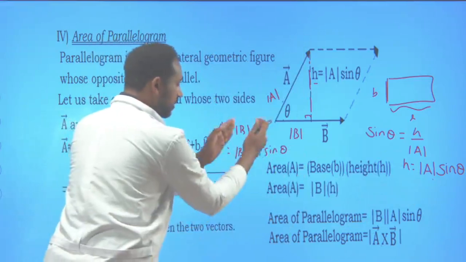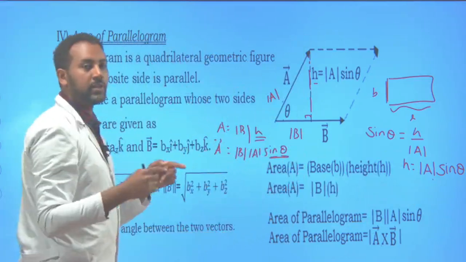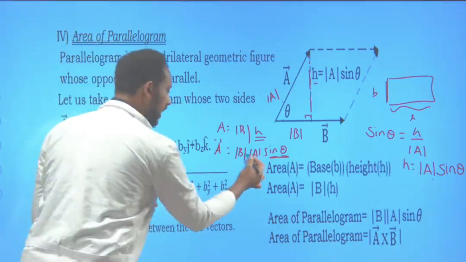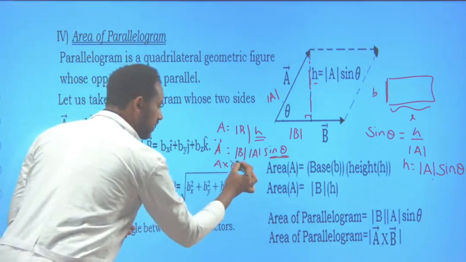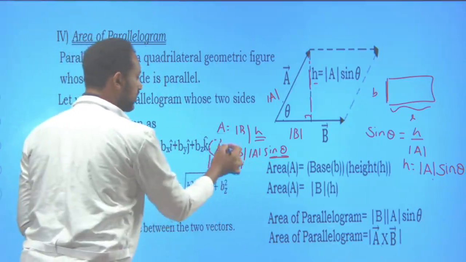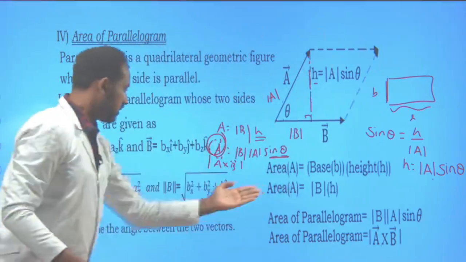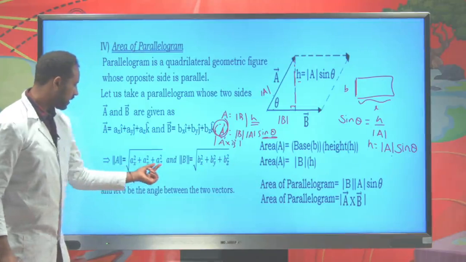The magnitude of A times the magnitude of B sine theta means you are determining the magnitude of the cross product of the two vectors, A and B. The magnitude of A cross B, when you determine this, gives the area of the parallelogram. This is what it says. Here, the magnitude of A can be determined from ax squared, ay squared, az squared.